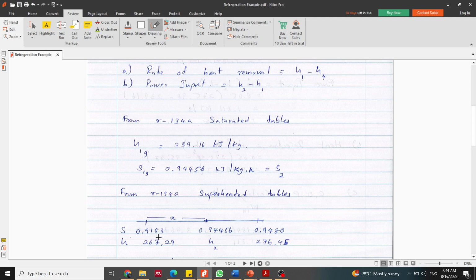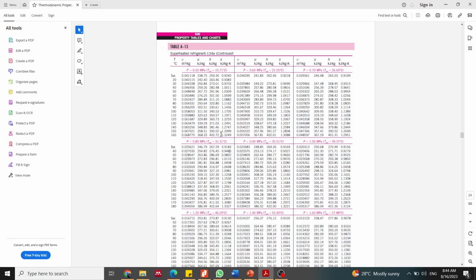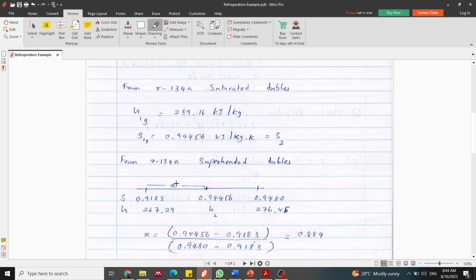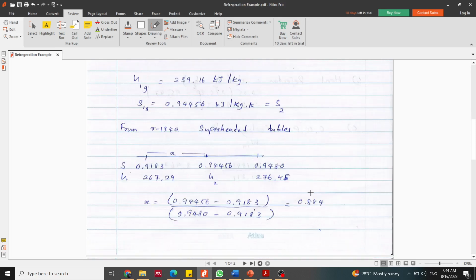So the lower value is 0.9183, and the upper value is 0.9480. Our value 0.944 is in between, so the same way we can find the portion. The portion becomes this value, 0.884, and we can also extract the H values from the same table.